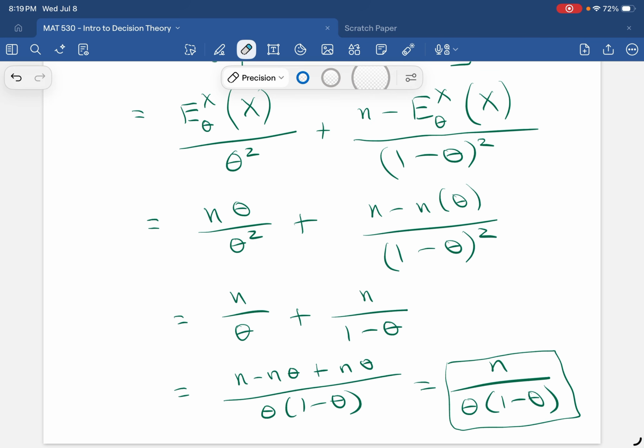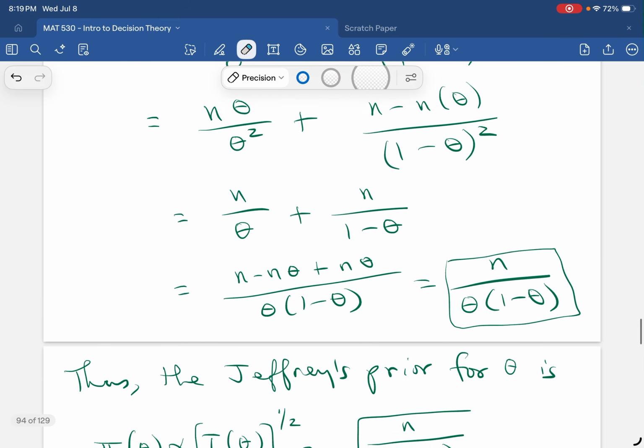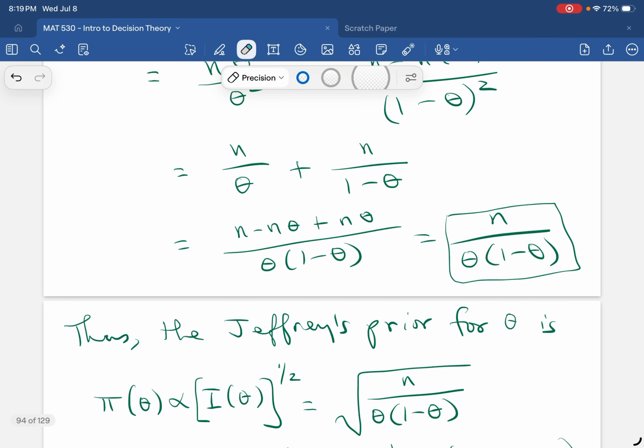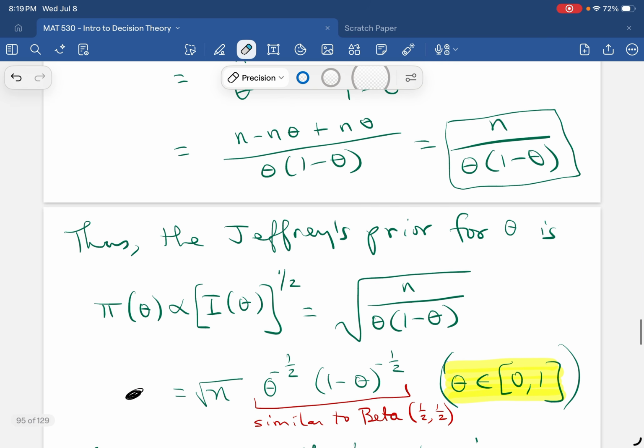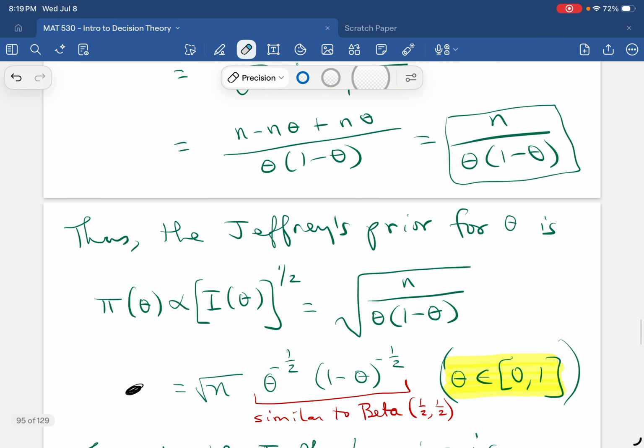Having now arrived at the Fisher information, we can now apply the formula and calculate the Jeffreys prior. So remember that the Jeffreys prior for theta, the formula is that it is proportional to the Fisher information to the 1/2 power, so that gives us this. And then if we simplify, we see this expression here.